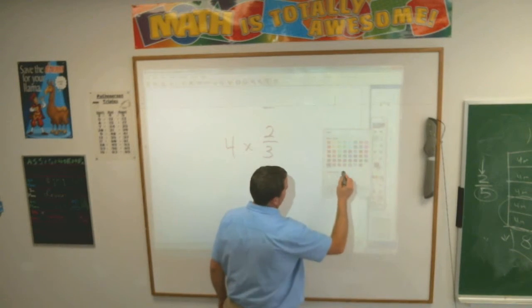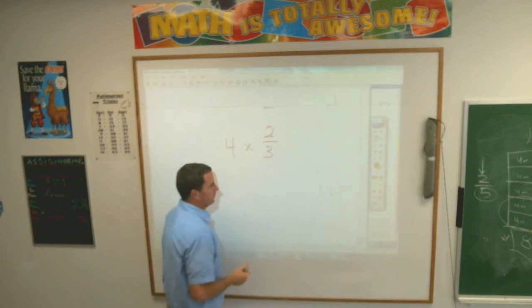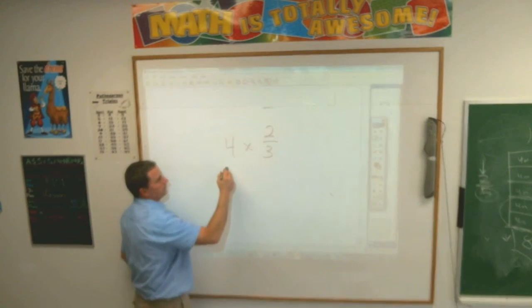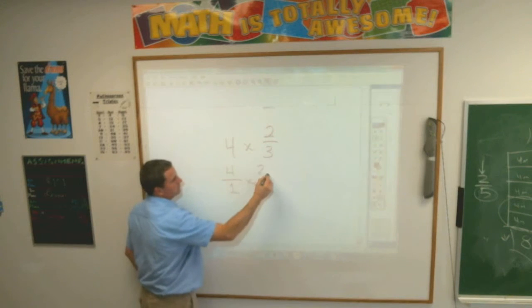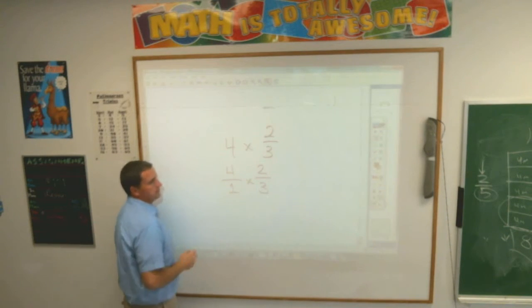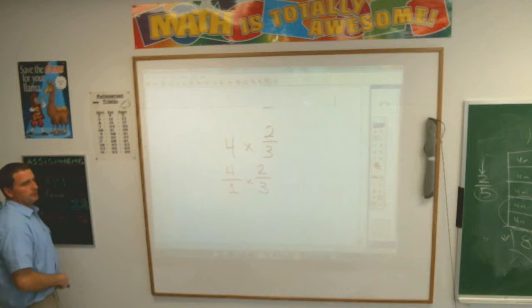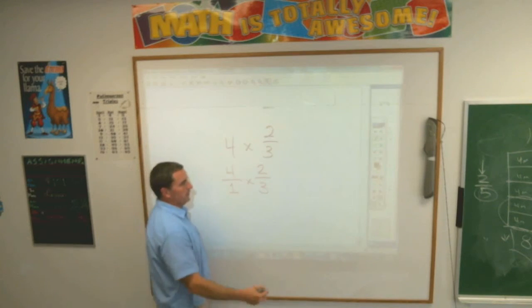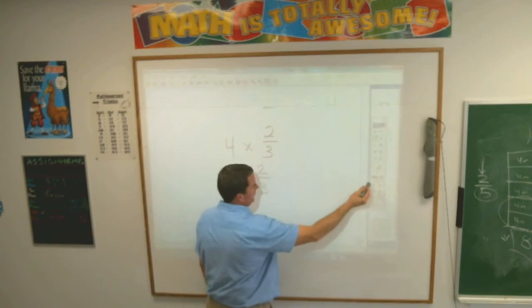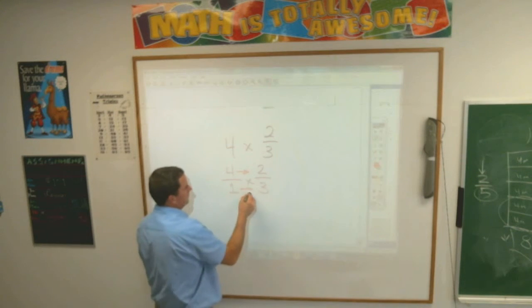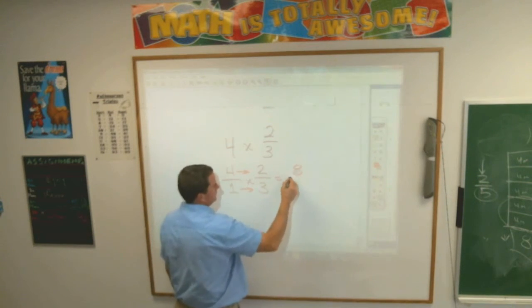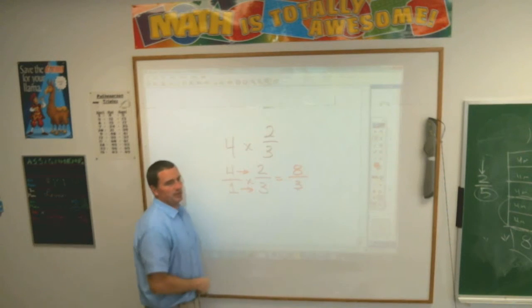I see some people do that just because they see a 4 and they think that. It's not 4/4, it's 4/1 times 2/3. If I multiply 4/1 times 2/3 across, Madison, I end up with 8/3. Now, Caitlin Stritzel, what's wrong with 8/3?